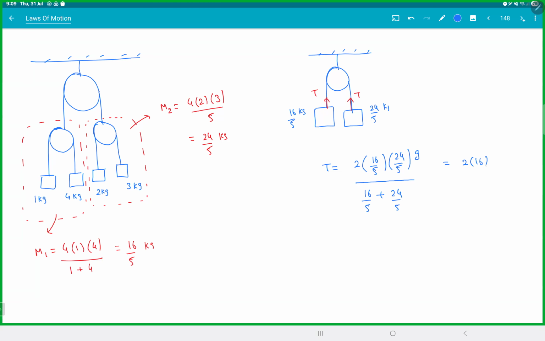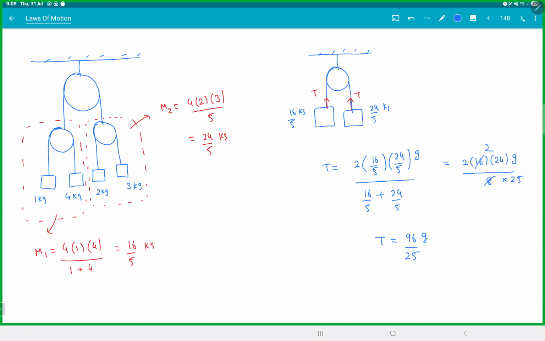That will be 2, 16, 24 G by 8, that would be 96 G. This is your tension. You missed out the 5. I missed out, there's a 25 also sitting. Yes. I got a very huge tension. Great. That's your tension. I hope that is right. Clear? There, I got the tension.